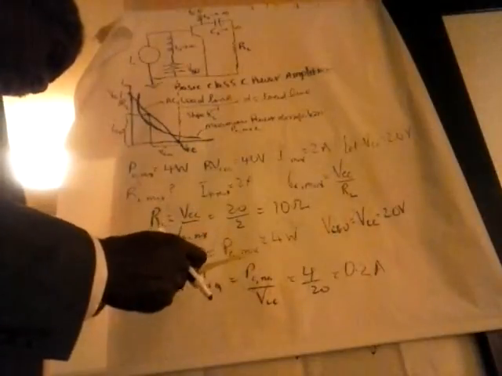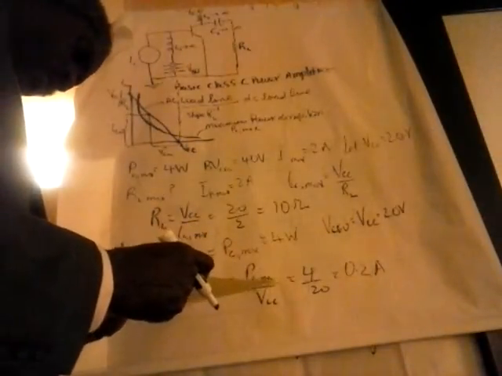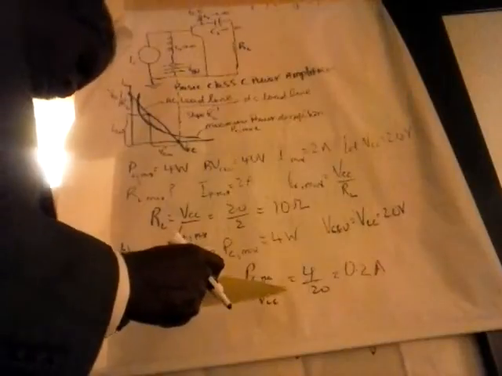Also note that in this case, our load resistor RL is equal to VCC over ICQ.